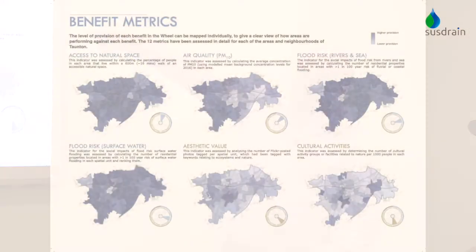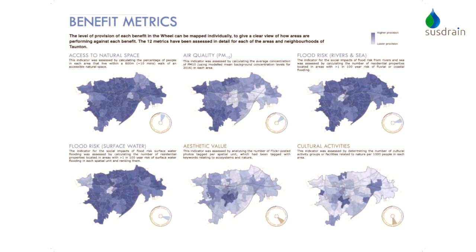What you then end up with is a wheel with basically 12 segments, and for each of the wards in the area, from low to high provision, you can pick up the 12. So up here, access to natural space. Low is light, so this area here, for example, has a low access to natural space.